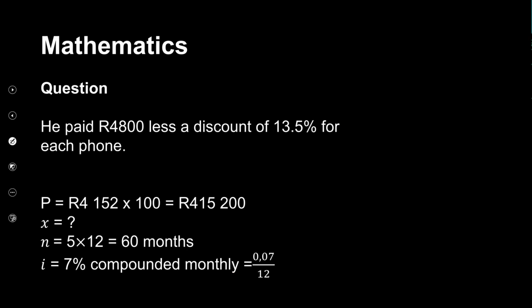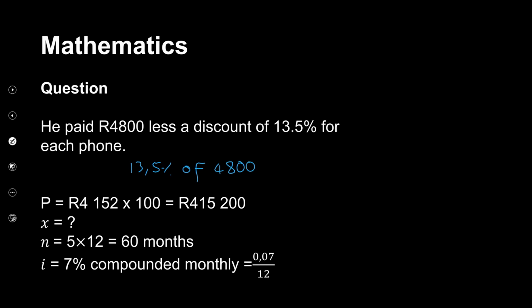So what do we know? We know that he paid 4,800 less a discount of 13.5% for each phone. So in simple terms, it means you need to get what is 13.5% of the 4,800, right?